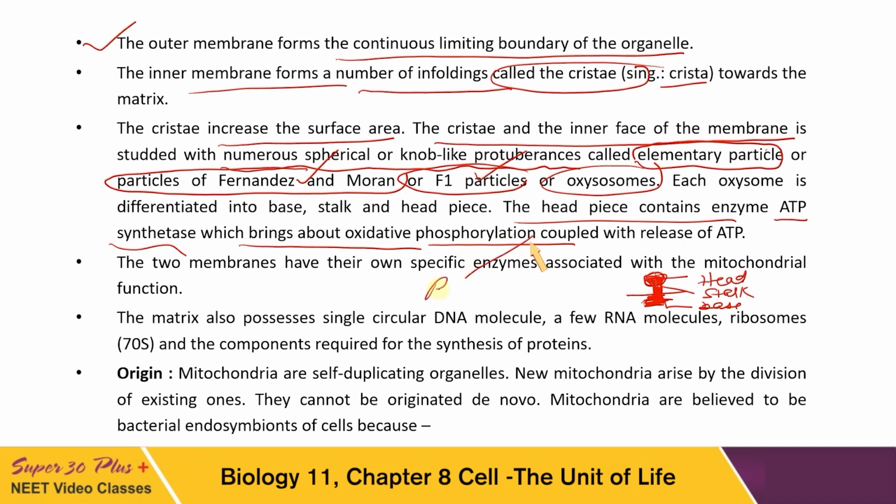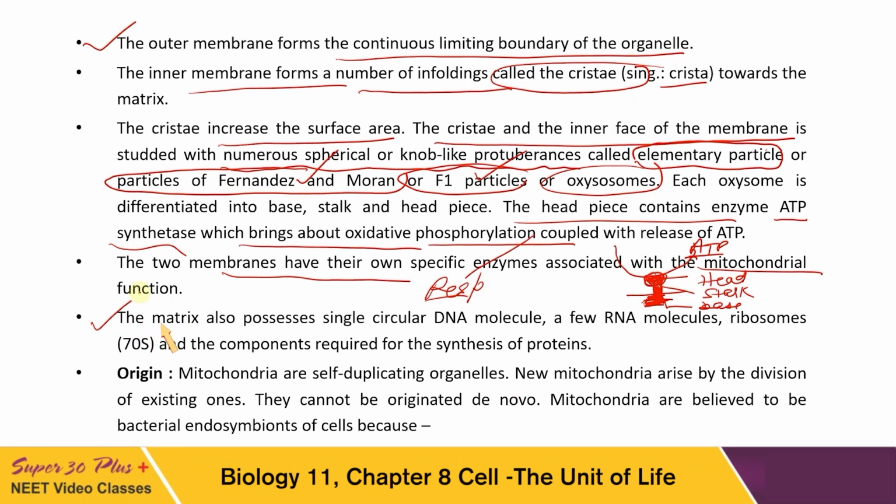Detail of that you have to study in plant physiology in respiration, but here the ATP will be generated in the F1 particle. The two membranes have their own specific enzymes associated with mitochondrial function.